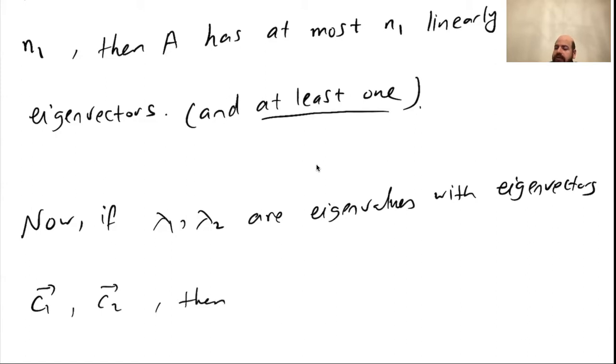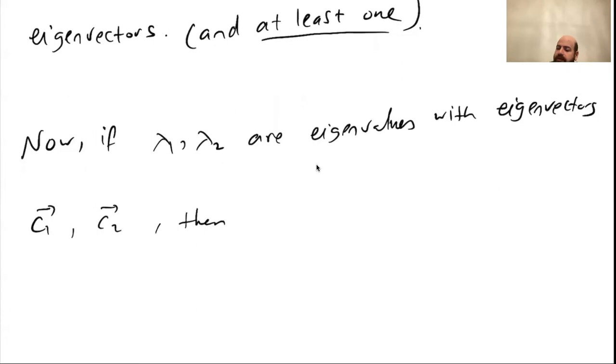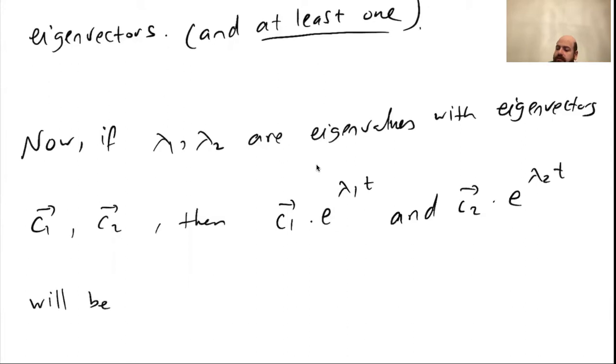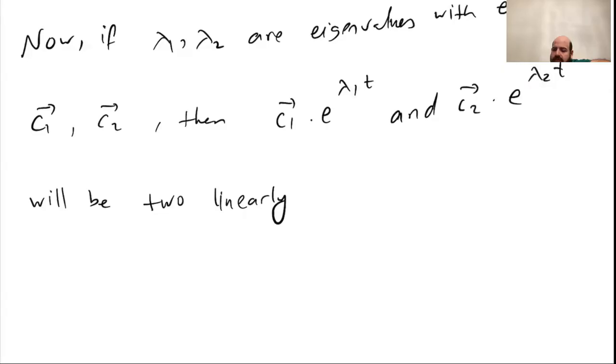Then our two linearly independent solutions will be x of t equal to C1 e to power lambda 1 t, and C2 e to power lambda 2 t, two linearly independent solutions of x prime equals Ax.